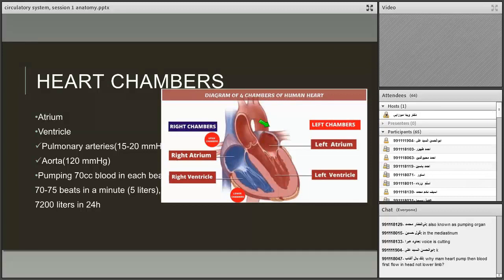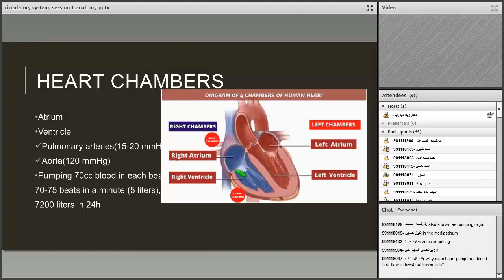today I will explain a brief about the heart chambers, but in next sessions the parts of the chambers will be explained completely. Okay? The heart has 4 chambers, 2 atria and 2 ventricles.